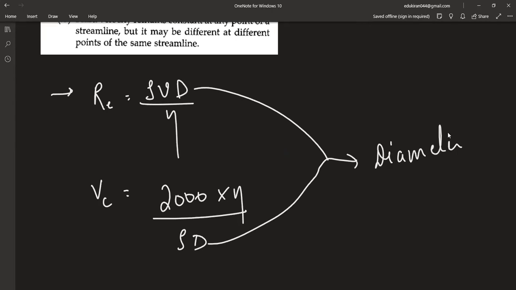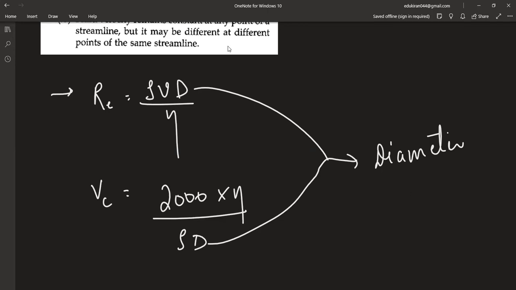This is density. This is coefficient of viscosity. So between 0 and 2000, the flow is known as laminar flow. Above 2000, between 2000 and 3000, the flow is unstable. Any values can be obtained.